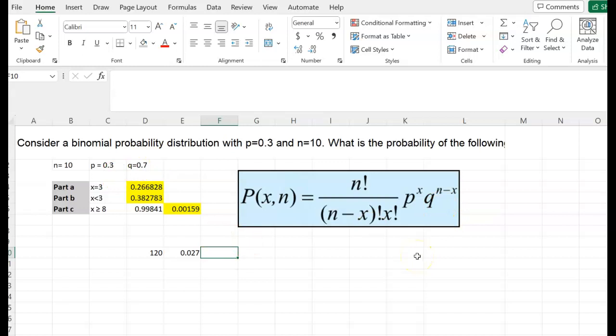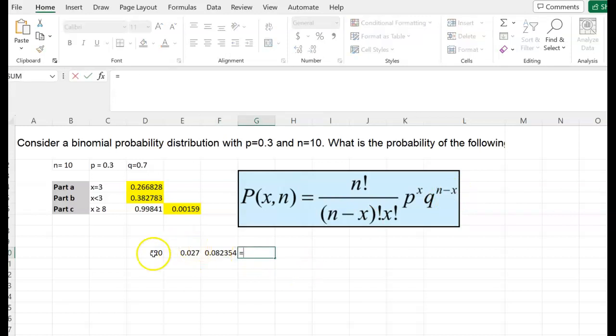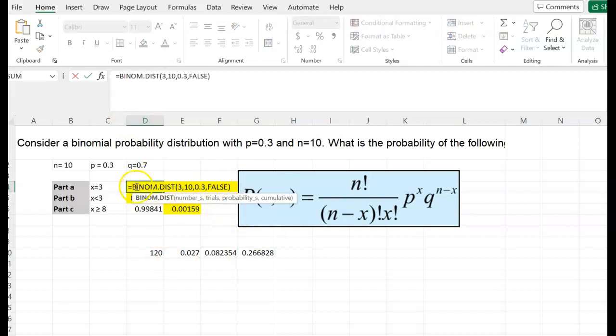So we're going to say 0.7 raised to n minus x. n is 10, x is 3, so that would be 7. Now we just want to take these three parts and multiply them, and we get 0.268828.